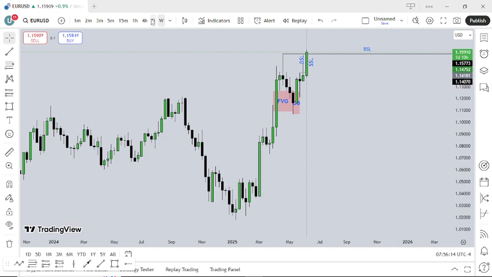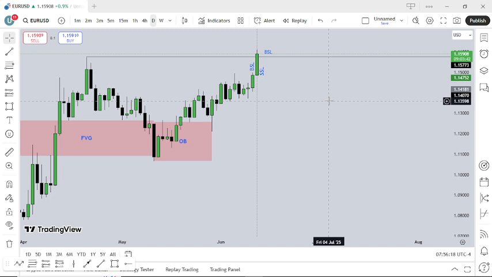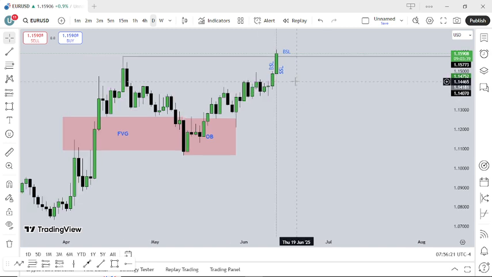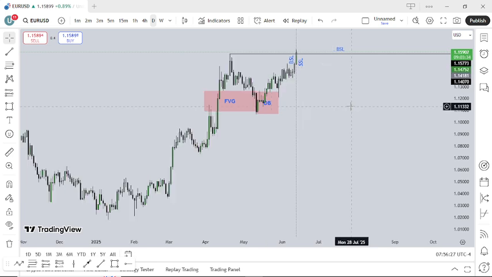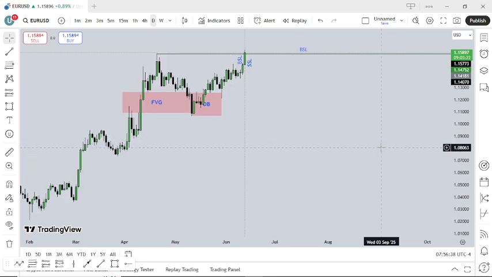So for now, Euro USD is going to be on a pause, and for this week, we might be looking more at gold and Nasdaq. So that's it till next week.